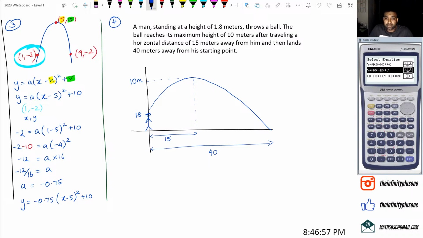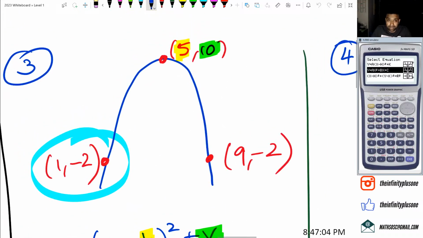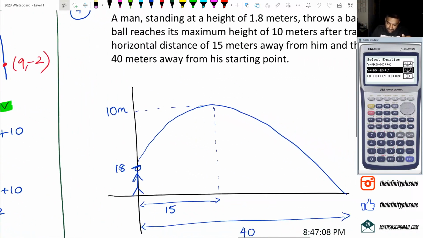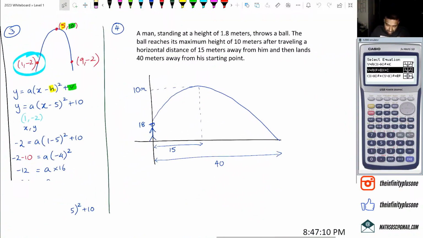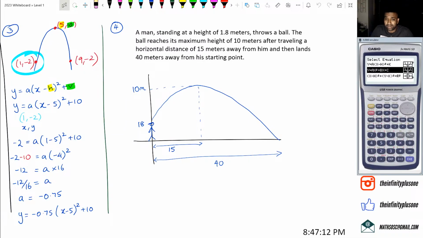Here's the second part of it. Now, we need to get it to something like this. You know how we convert the parabola with a bunch of points. Before I do this question, I'm going to give you guys 1 minute. If you draw this diagram in your book real quickly, write down what you think the points are.